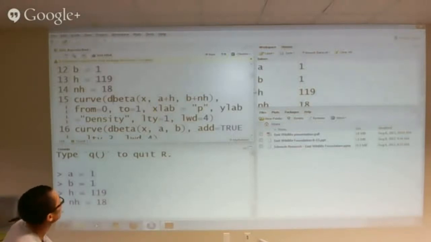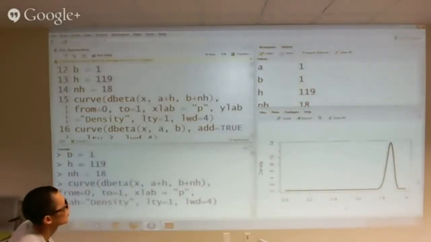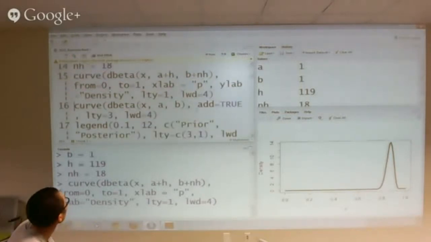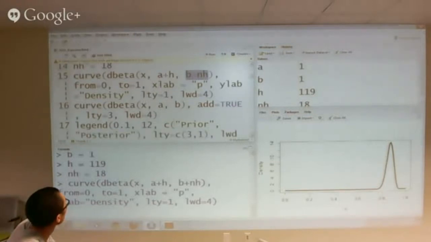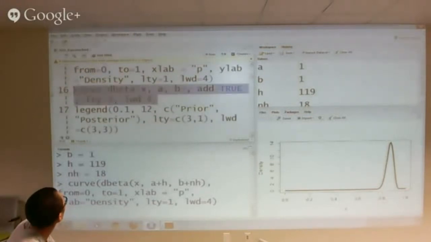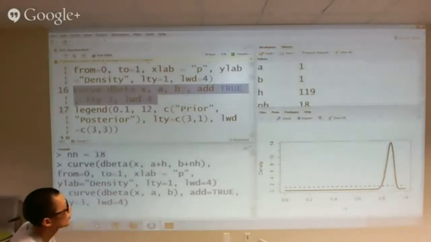So the curve you see here is the curve for the posterior distribution, because we use A plus H and B plus the number not happy. So this is the posterior distribution, and this is the prior distribution, which is the uniform distribution.